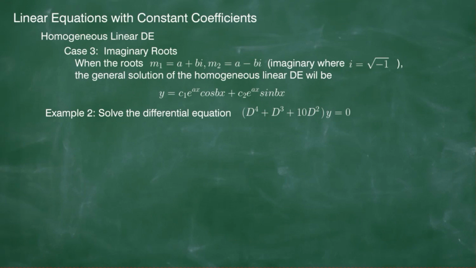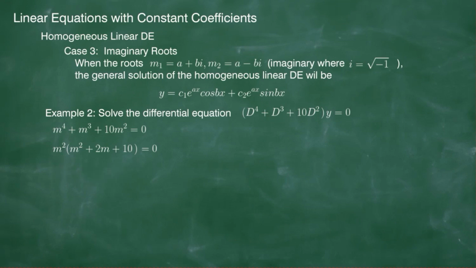Example number 2, D to the 4th plus D cubed plus 10 times D squared acting on y equals 0. The auxiliary equation is m to the 4th plus m cubed plus 10m squared. We have a common factor of m squared, so we factor it out. We have m squared times m squared plus 2m plus 10 equals 0.